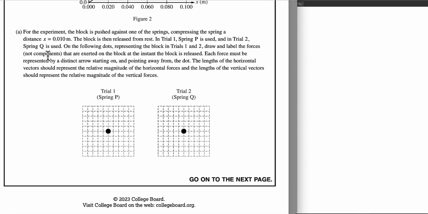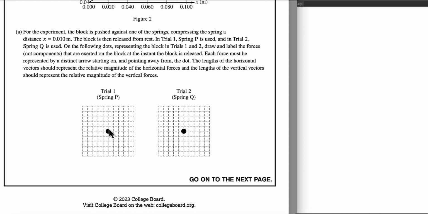Each force must be represented by a distinct arrow starting on and pointing away from the dot. The length of the horizontal vector should represent the relative magnitude of the horizontal force, and the lengths of the vertical vectors represent the relative magnitude of the vertical forces.